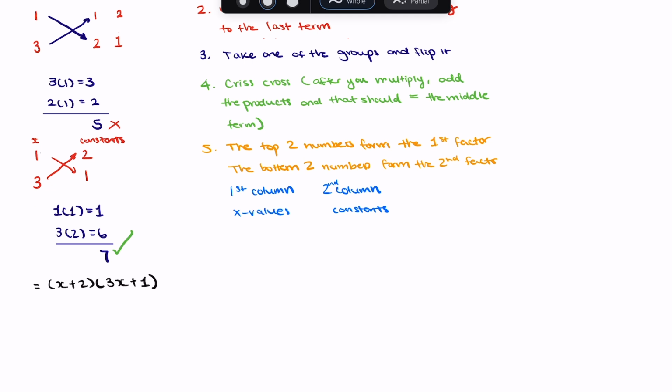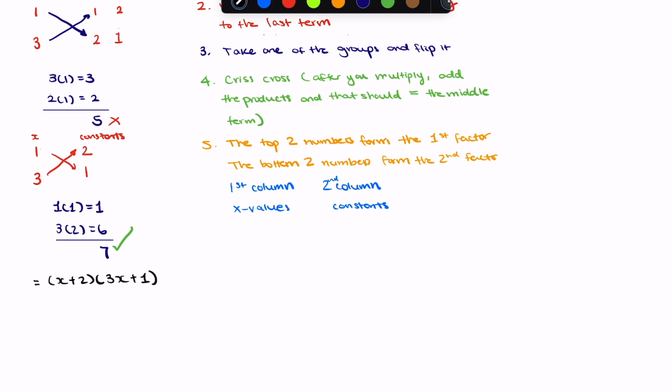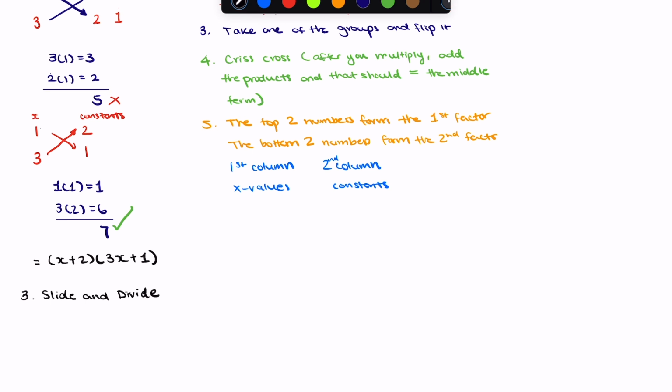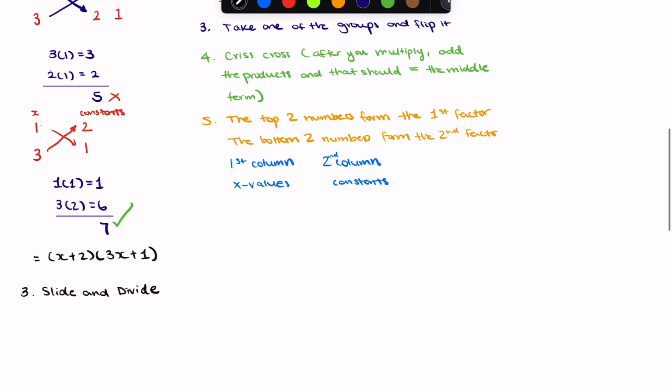And finally, the last way to factor complex trinomials is using a method called slide and divide. And for slide and divide, the first step is to multiply. So let's write one out.